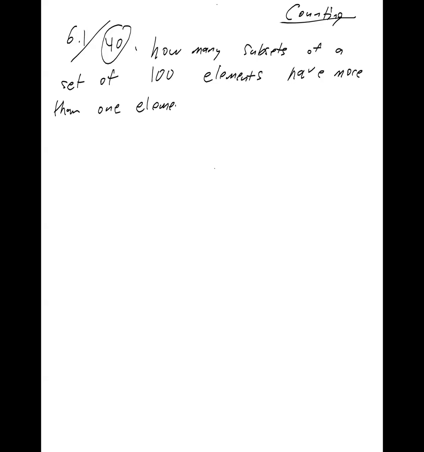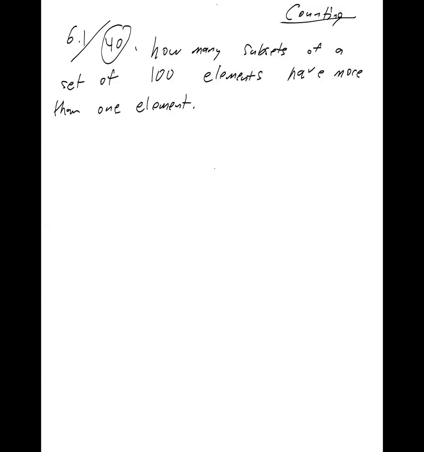By the way, we've already talked about how many subsets there are, several weeks ago, of a set of a certain number of elements. But this asks us how many subsets of a set of 100 elements have more than one element.